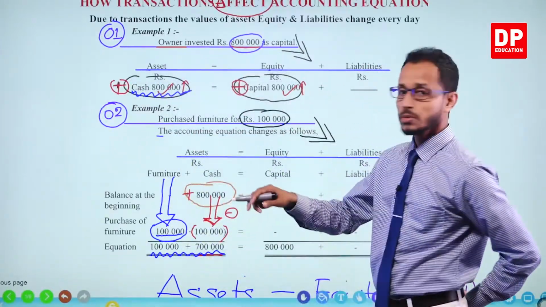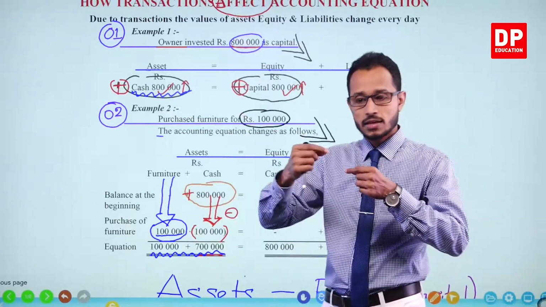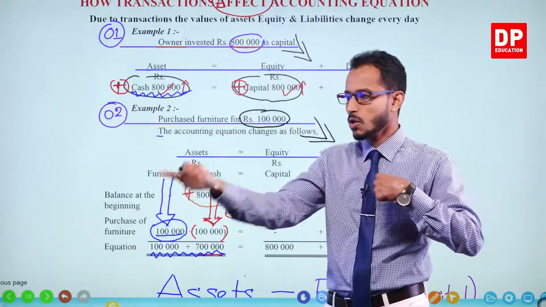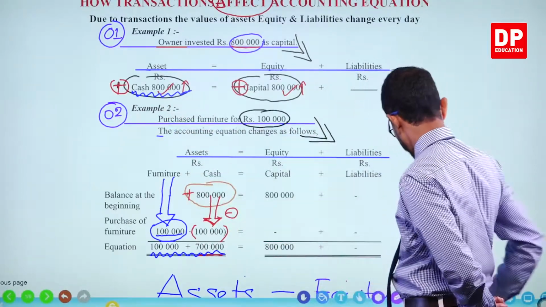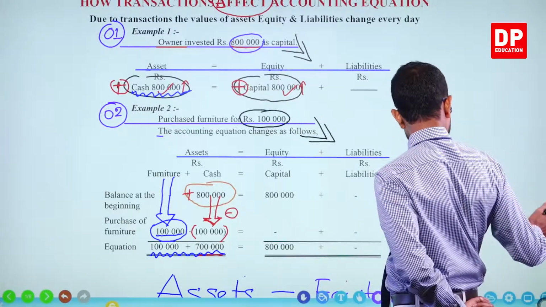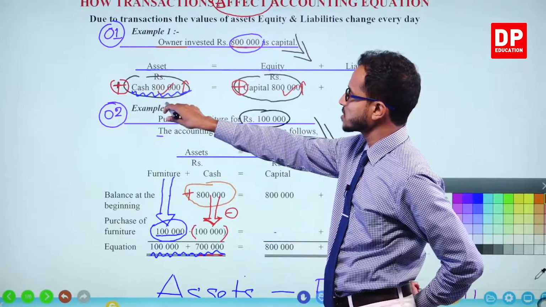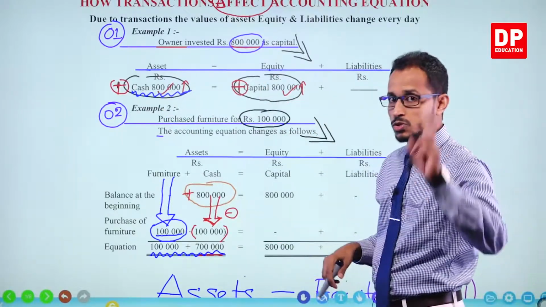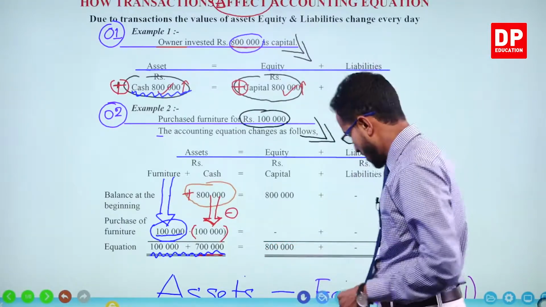Now, coming from the previous session, first of all, the business had cash invested by the owner. So, cash balance was 800,000. And as well as under assets, it was recorded under equity too. Notice this, children.